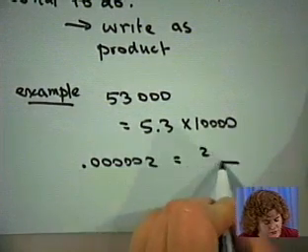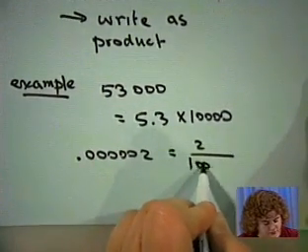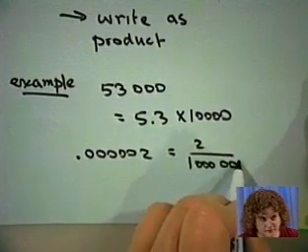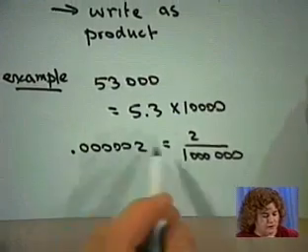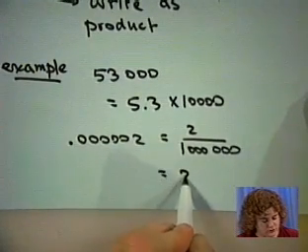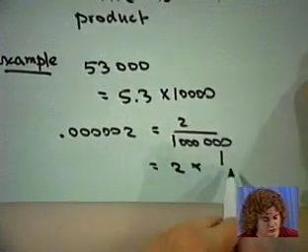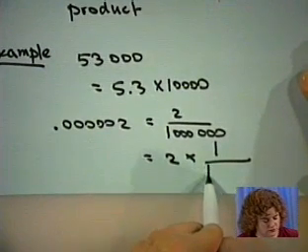That's 2 1/millionth, which is still a lot of zeros, which is 2 times 1 over a million.